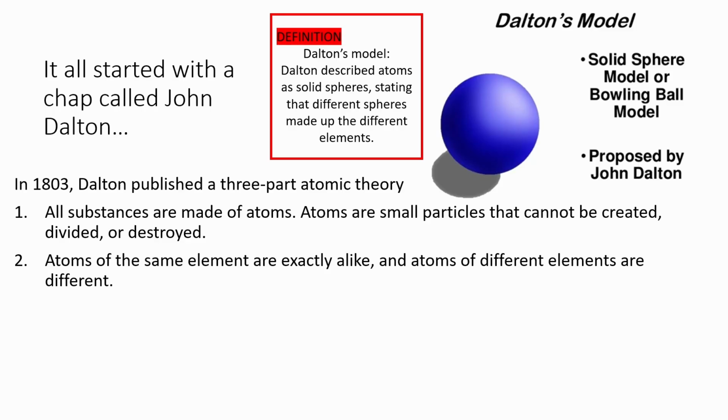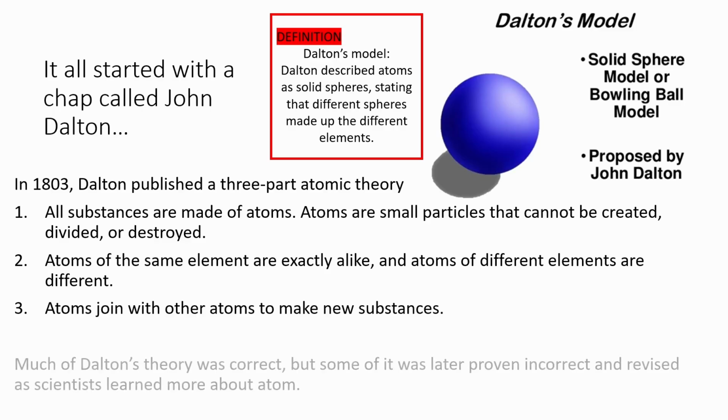Atoms of the same element are exactly alike, and atoms of different elements are different. And the atoms join with other atoms to make new substances. Now, much of his theory was correct, however, some of it was proven incorrect later.